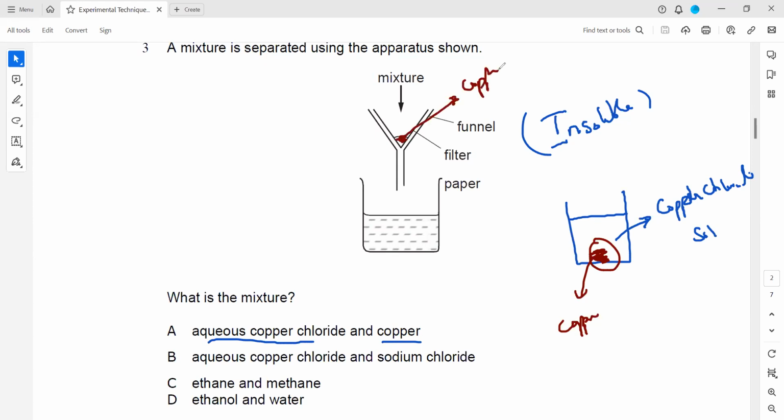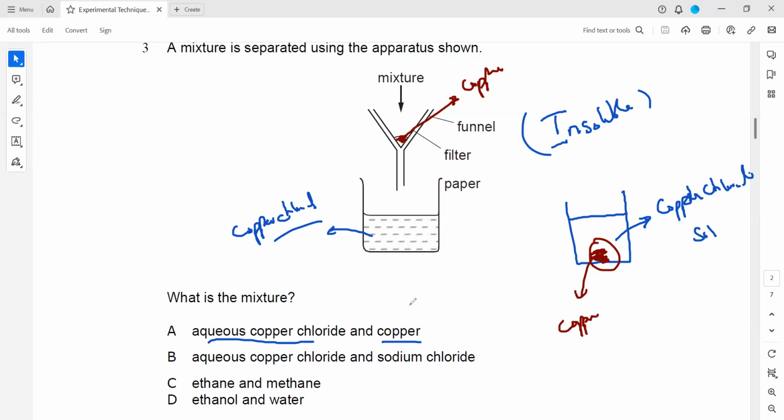The copper will be left on the filter paper, and what passes through? The copper chloride will pass. Because one is a solution, aqueous means dissolved, and another one is a metal. Metals are insoluble in water. So when we carry out filtration, we can separate them.